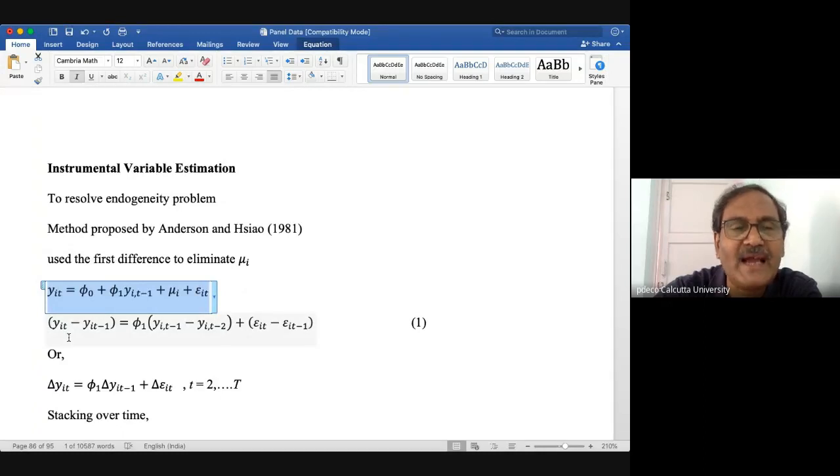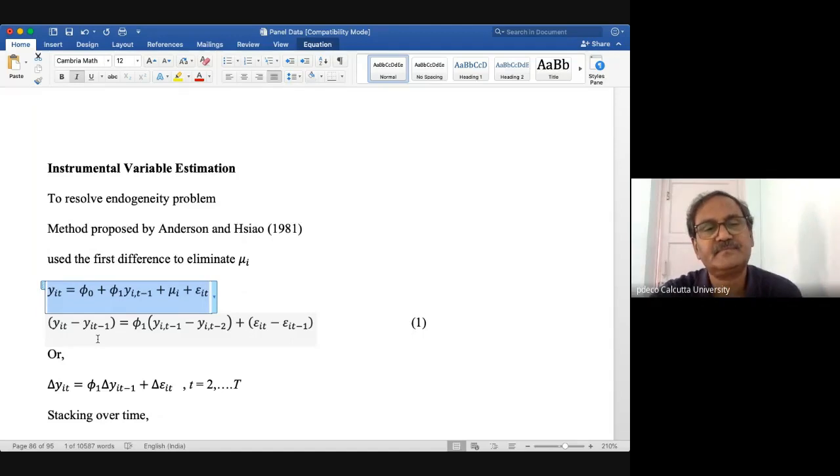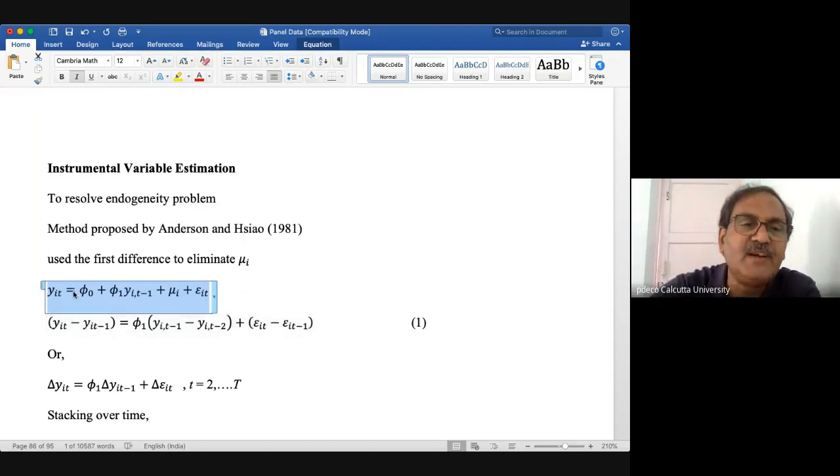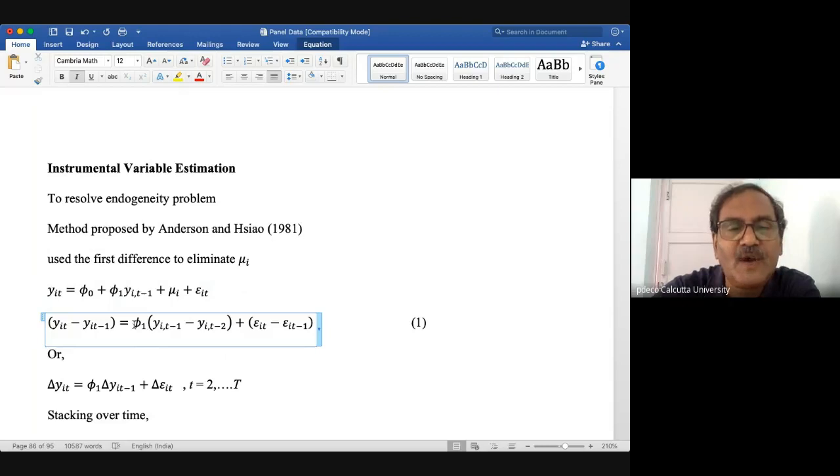So you have YIT minus YIT minus 1 on the left hand side. On the right hand side, phi naught will be cancelled out. Mu I will be cancelled out. So what you have ultimately on the right hand side? Phi 1 into YIT minus 1 minus YIT minus 2 plus epsilon IT minus epsilon IT minus 1.